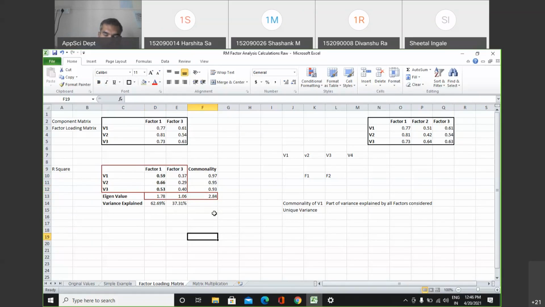So how to rotate such factors? How to rotate any vector? Yes, we should be able to arrive at this. You have a vector in a coordinate plane. How do you rotate that? By doing one or the other matrix multiplication, right?